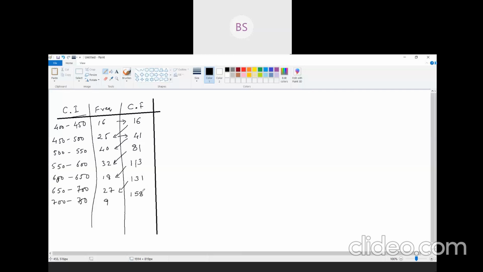And then 158 plus 9 is 167, right? So these are the cumulative frequencies. Now on the graph we have to mark the class interval and cumulative frequency.